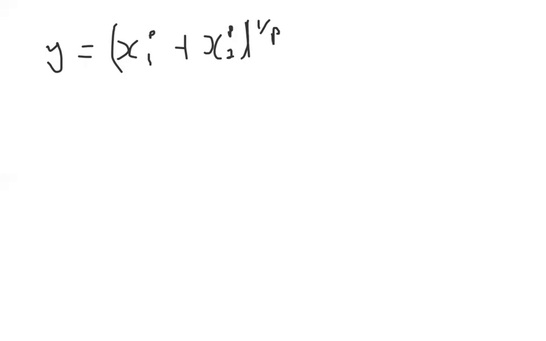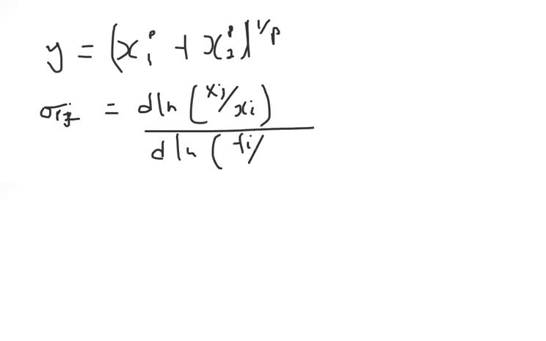First of all, you specify your formula: σij = d ln(xj/xi) over d ln(fi/fj). The x represents the inputs that we are using, and fi is the partial derivative of the production function.